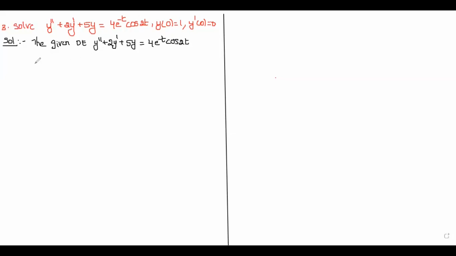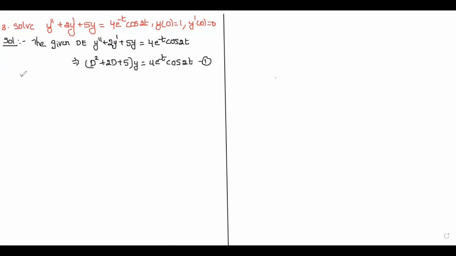Now actually this is not given in the form of f of D into y. So you have to first write this as f of D into y, which implies D square plus 2D plus 5 into y is equal to 4 e power minus t cos 2t.